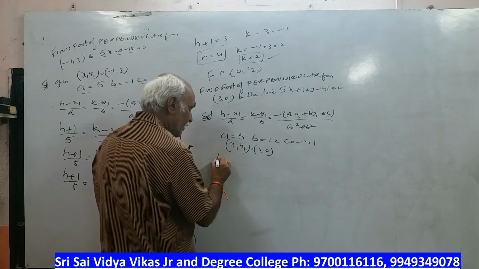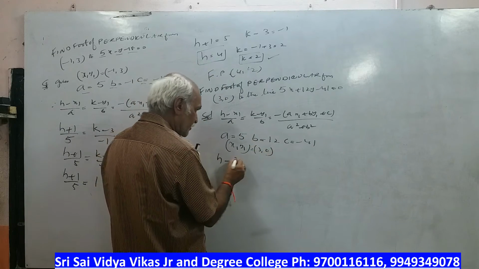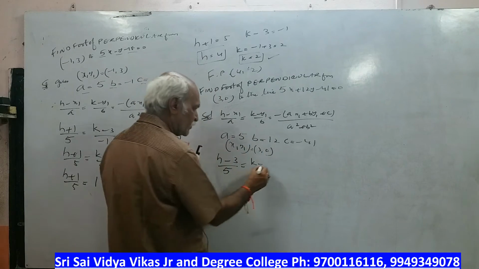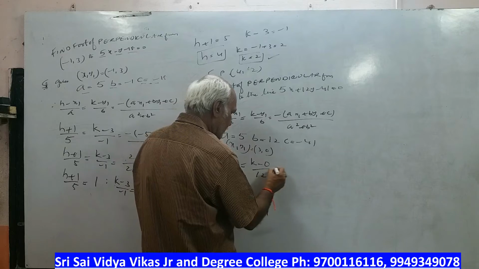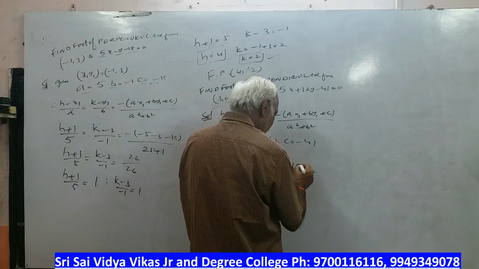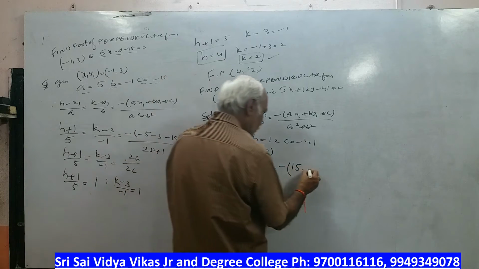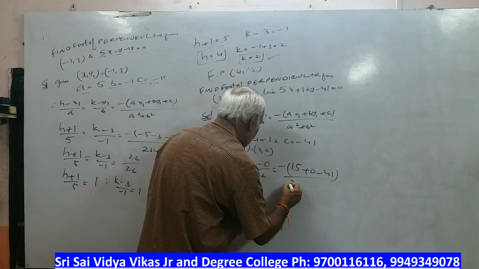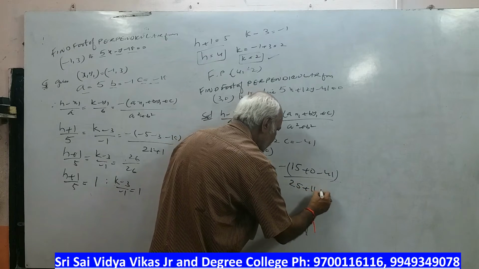So let us put: h we do not know, x1 is 3, by a value 5; k minus y1 is 0, b value 12, is equal to minus of a x1, 5 into 3 is 15, b y1 is 0, minus 41, by a square plus b square, 25 plus 144.